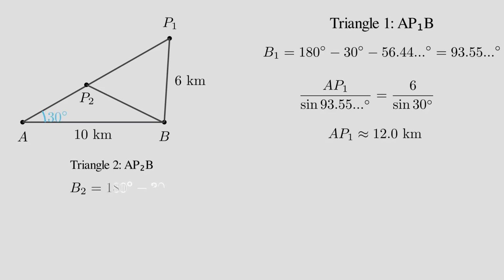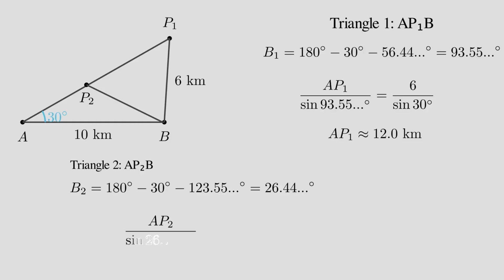For the second triangle with P2 as 123.56 degrees, angle B2 is 180 minus 30 minus 123.56, which gives us 26.44 degrees.